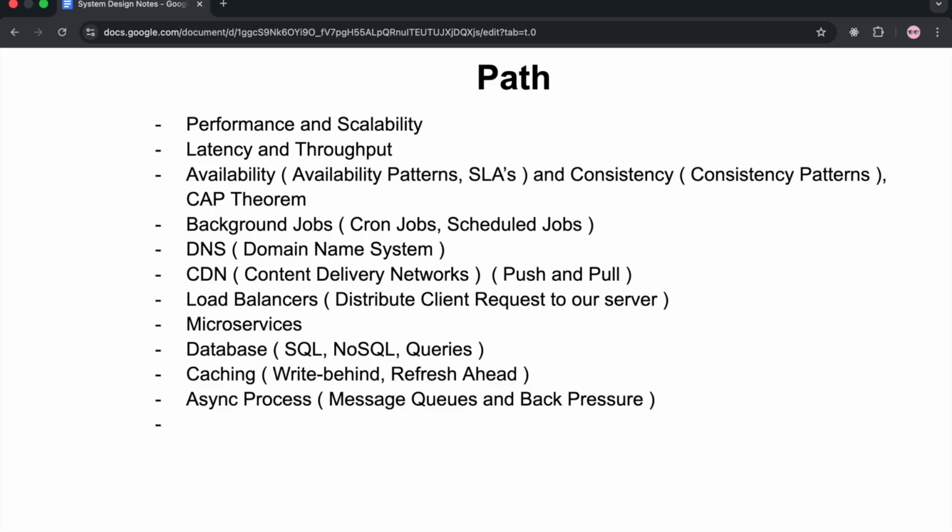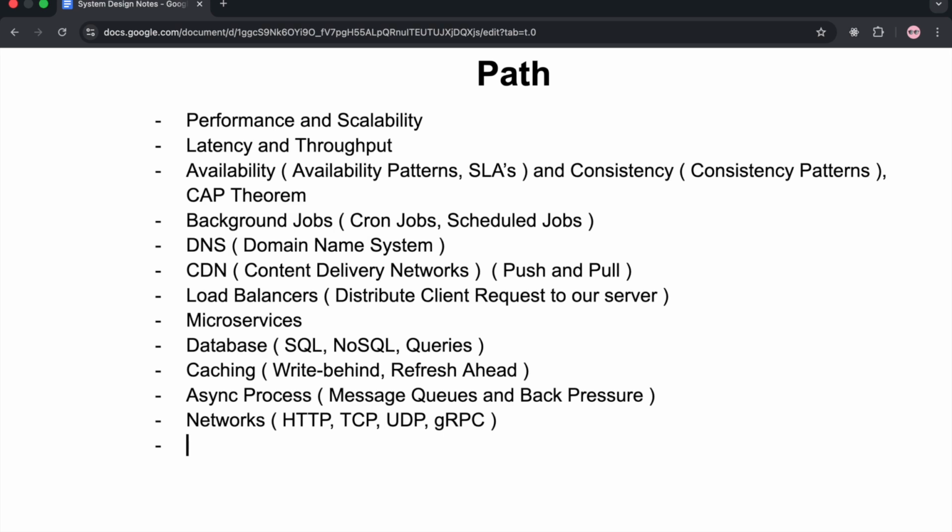And also we will learn about networks like HTTP, TCP, UDP, and gRPC. These are for the connection of the services.